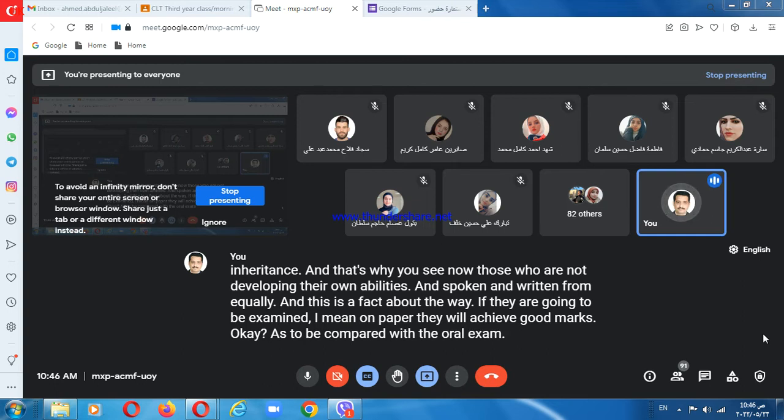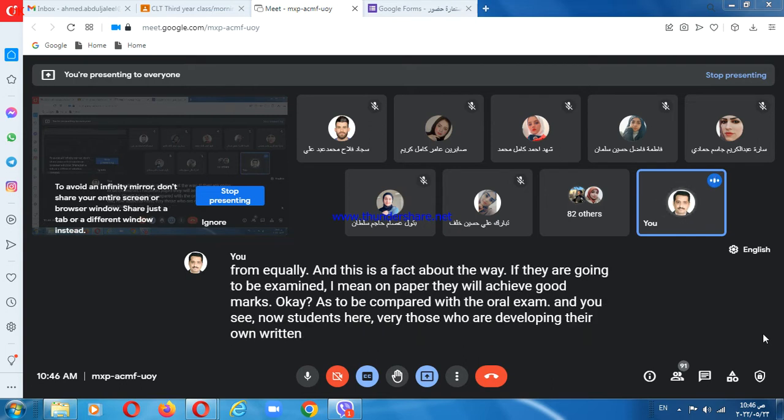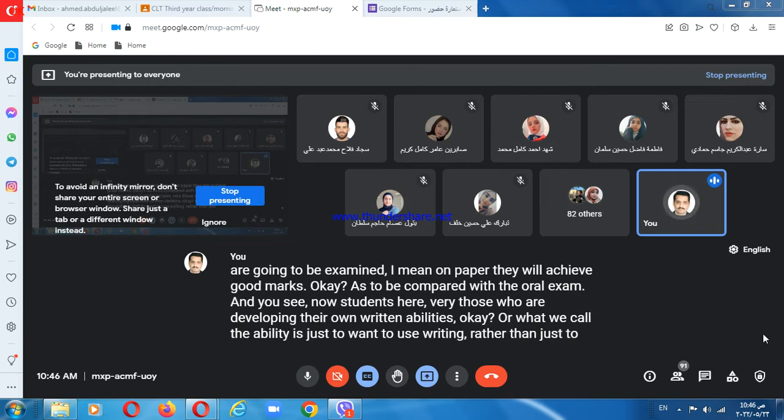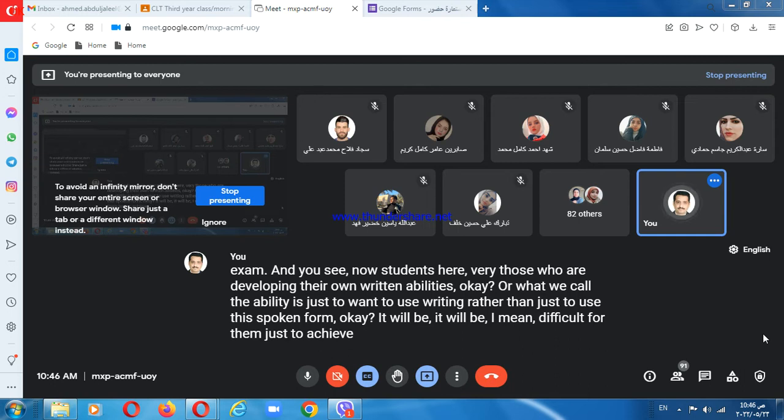And you see now, students here vary. Those who are developing their written abilities, okay, or what we call the ability to use writing rather than the spoken form, it will be difficult for them to achieve the same results in the oral exam, right?